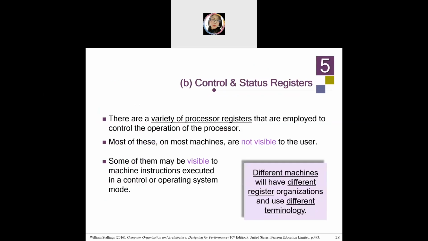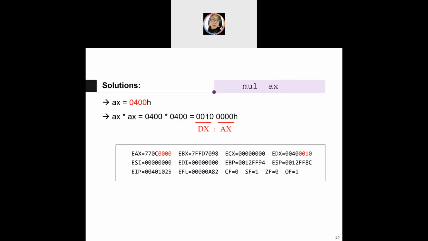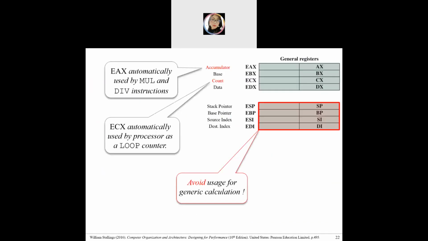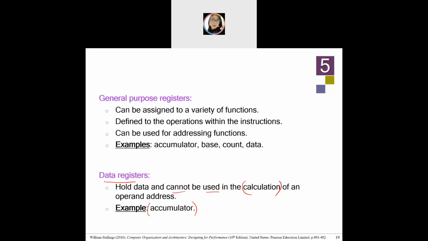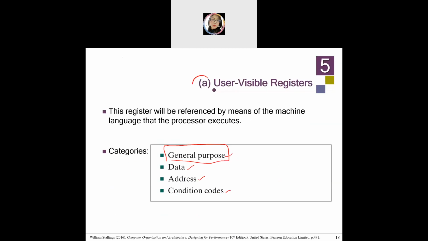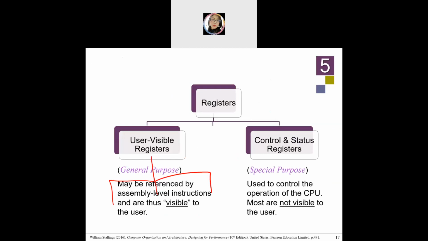Okay, we continue with another one. Just now we looked into the user visible registers. And now we have another one, which is the control and status registers, but you cannot see it.